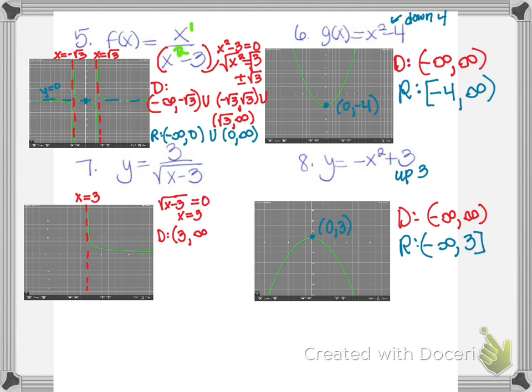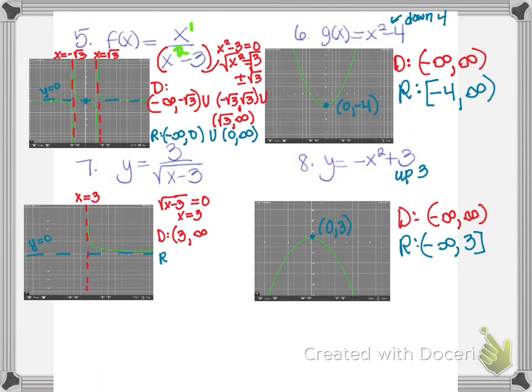Now for your range, going from high to low, it looks like the graph starts to taper off right about in here, so there appears to be a horizontal asymptote. And there actually is one, at y equals 0, right at the x-axis.